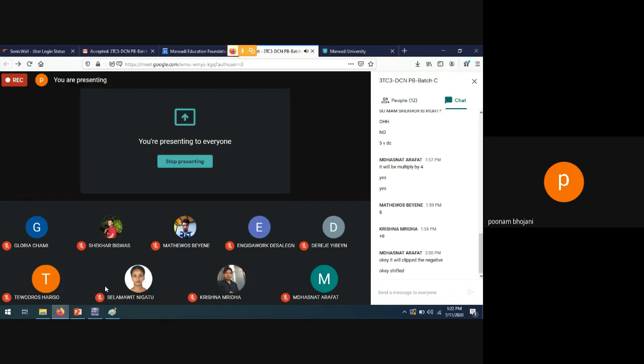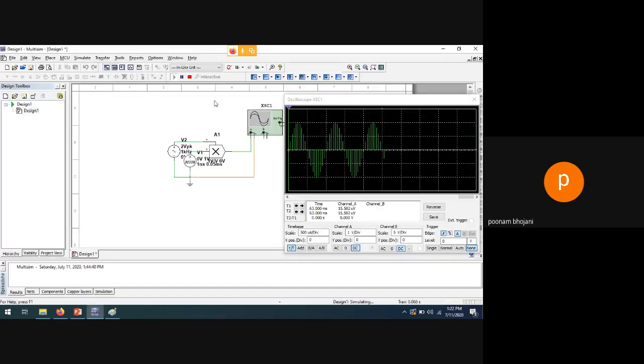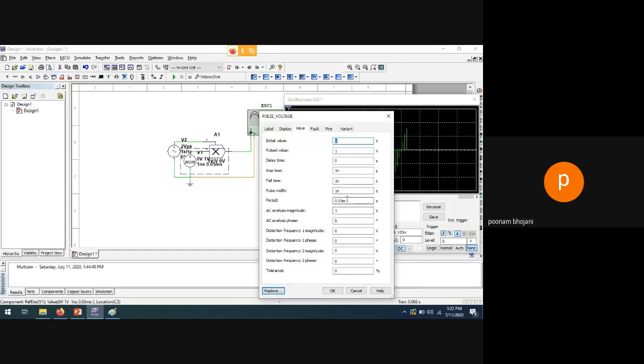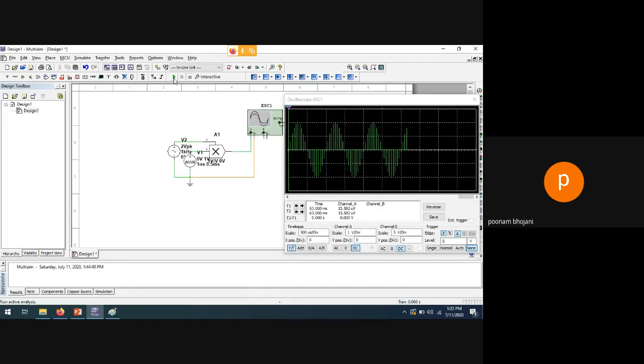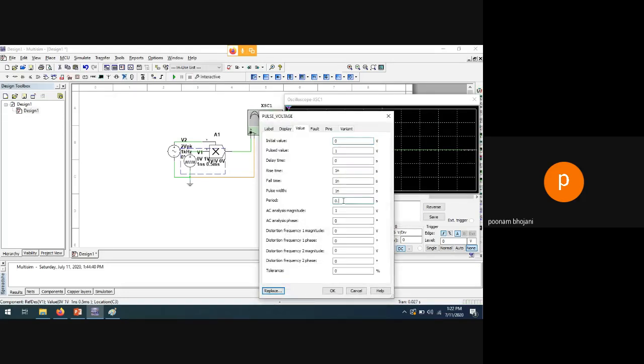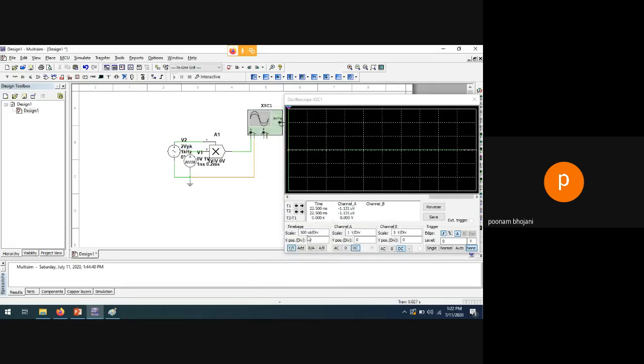Because let's say you are doing sampling in such a way that you are keeping 0.5 millisecond, and you are getting very few samples, 0.2 millisecond, and you will get only 4 samples.